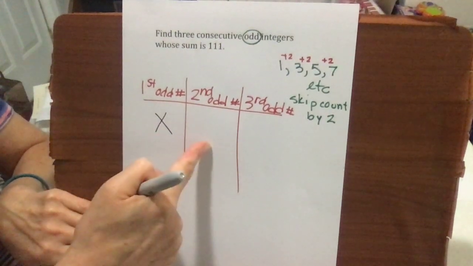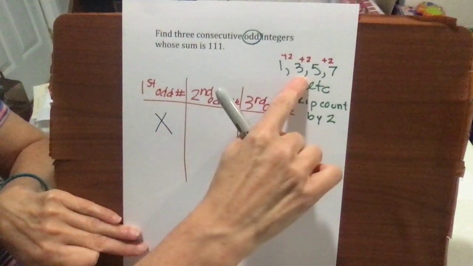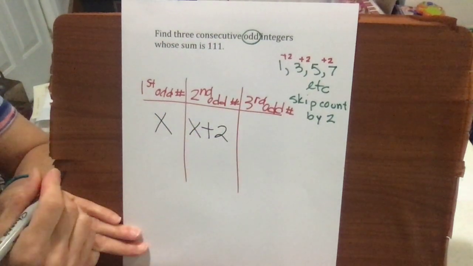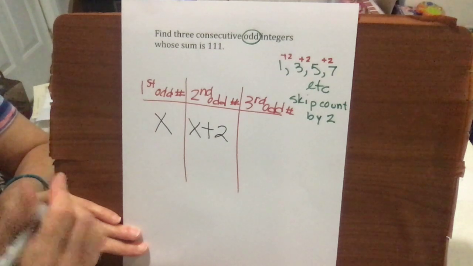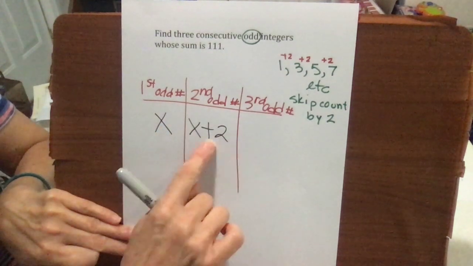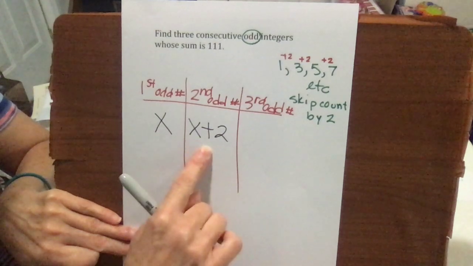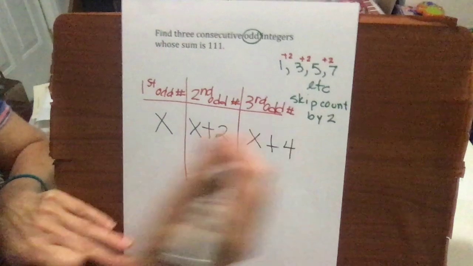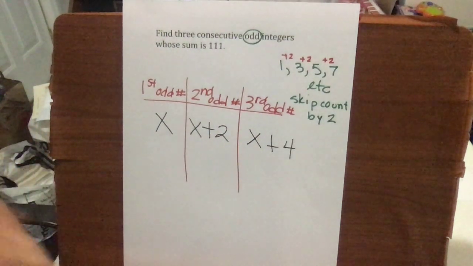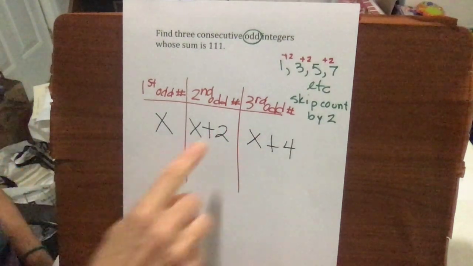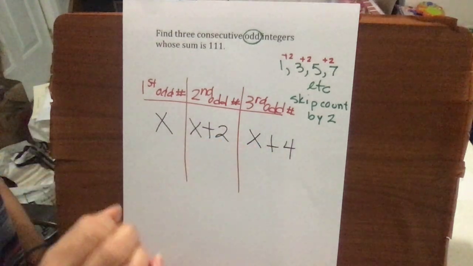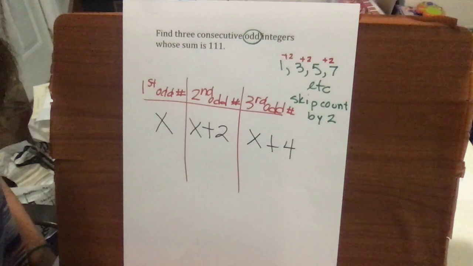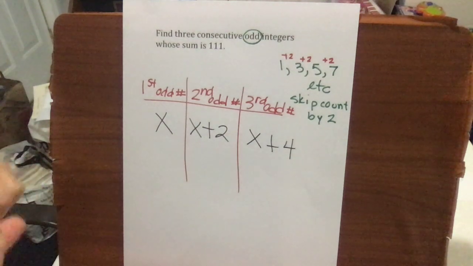Because it's an odd integer, we would skip count by 2 to get the next one, so we would take the first one and add 2 to it. To get the third one, we would add 2 to the previous integer, so x plus 2 more would be x plus 4. Now, I know that looks a little strange to some of us because we got the word odd in our head and we're expecting odd numbers here, but we're talking about skip counting, not about the actual number itself. Okay, so now for our equation.